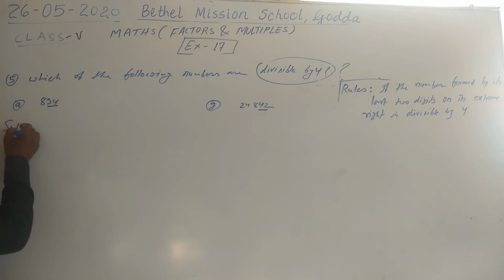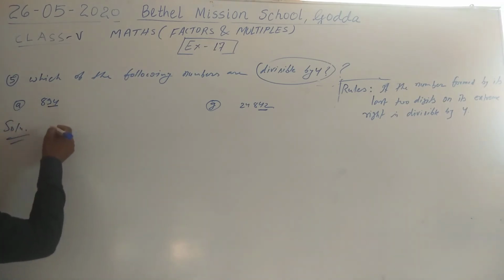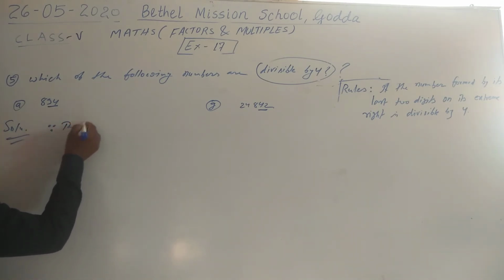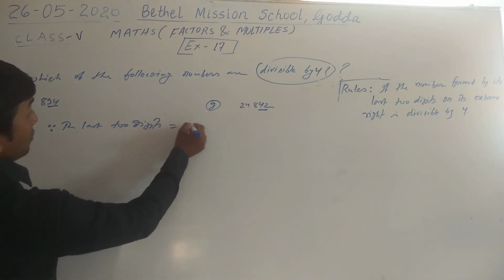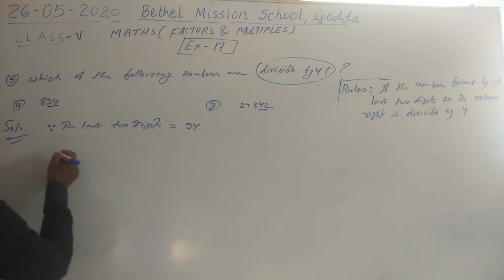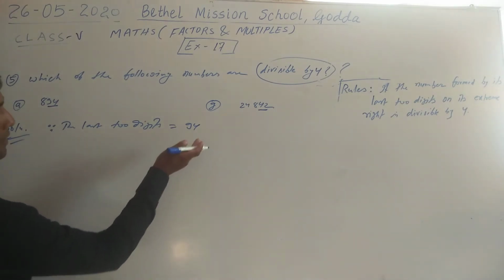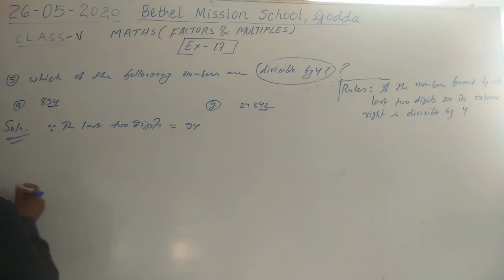So I start the solution. Since the last 2 digits are equal to 94, and whether 94 is divisible by 4 or not we don't know, so we will divide it in rough by 4. 4 times 2 is 8, 4 times 3 is 12, 2 is the remainder.